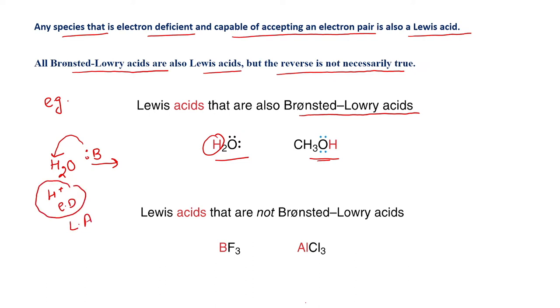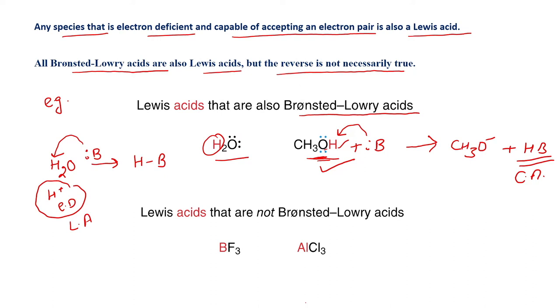So when this electron deficient species reacts with a base, it will give you this compound. And again in this example with methanol, when it reacts with a base, the base will abstract this proton. So it will give you a new compound which is this one, the conjugate acid.